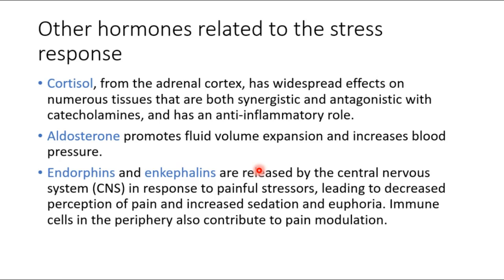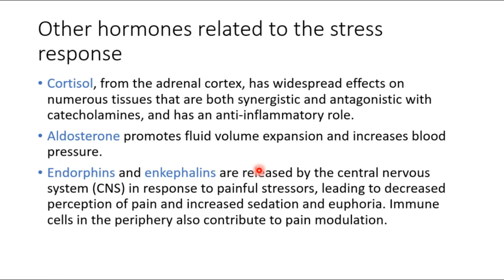Yeah, long-term stress response. So anti-inflammatory role, yes. It's synergistic and antagonistic. That means it can do both for catecholamines. It can increase or decrease their efficacy depending. And anti-inflammatory sounds great at first until, a month later you start to get sick because you're not sending enough white blood cells around to things.